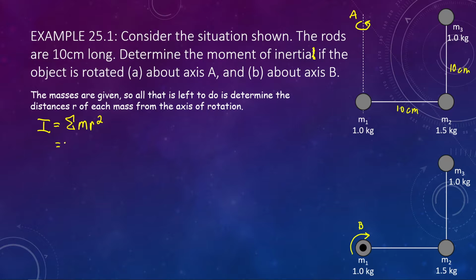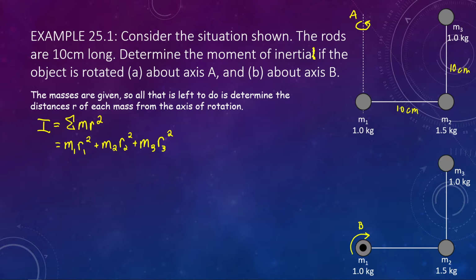So we'll write this as M1 R1 squared plus M2 R2 squared and M3 R3 squared. That is the full form of this equation for this particular setup. Three individual masses, so three terms in our equation.